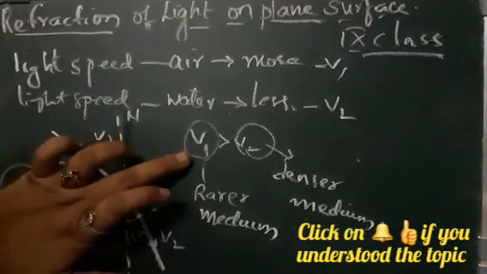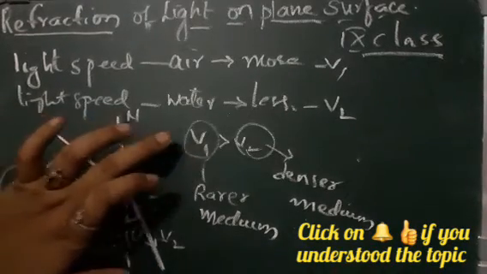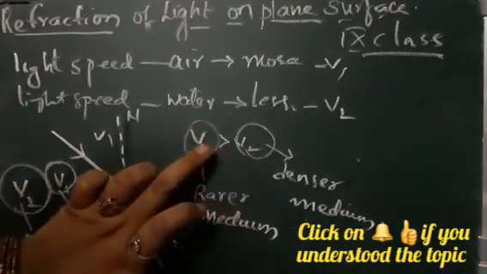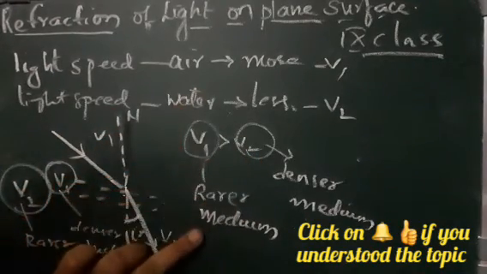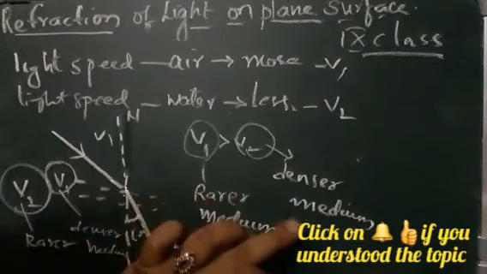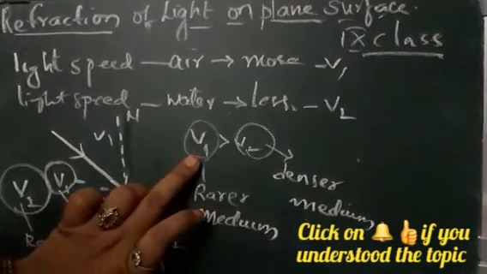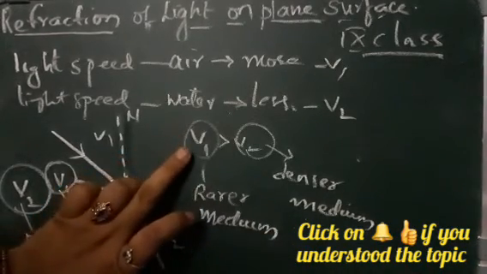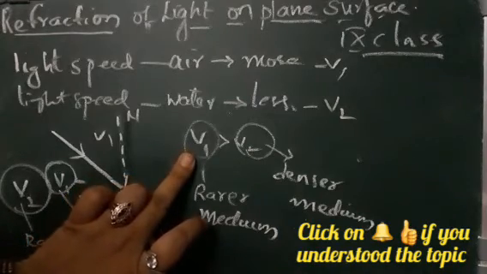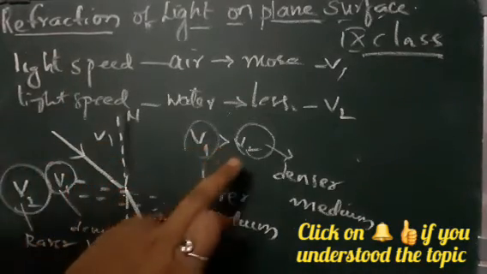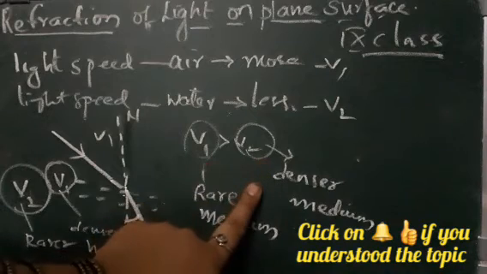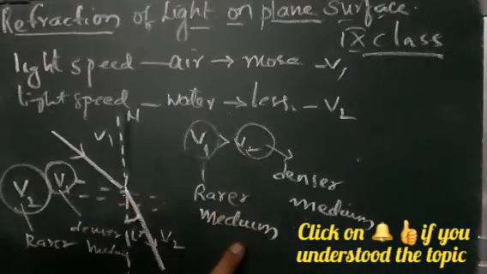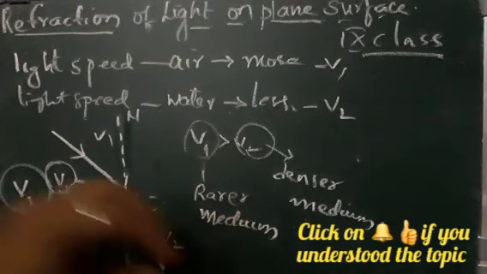The medium in which the speed is more is called the rarer medium, and the other medium is called the denser medium. Suppose V1 has less speed, then V2 becomes the rarer medium and V1 becomes the denser medium.